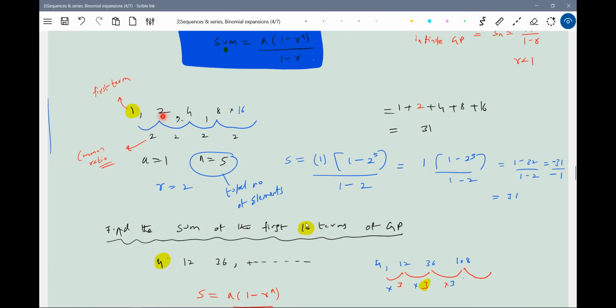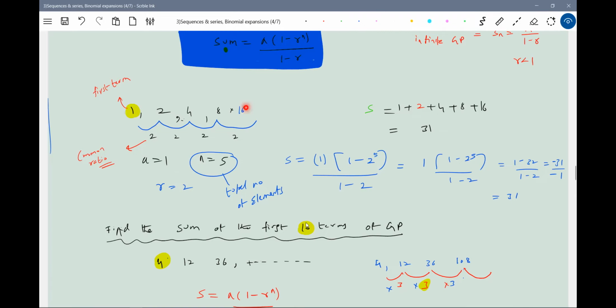And what is this? Number of terms. You count 1, 2, 3, 4, 5. Total number of elements is 5. So what is the sum of all this? We'll use this formula. I'll get 31. Also, just adding up like this is not advisable, because only 5 elements are there.